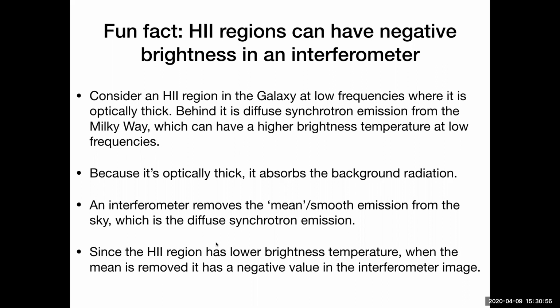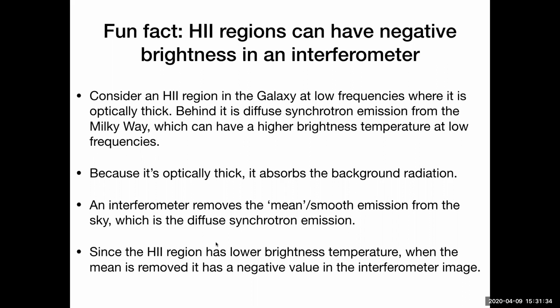And because the HII region has a lower brightness temperature than the mean of the sky in that particular region, it ends up having a negative value as measured by the interferometer. Because the interferometer is missing the mean, you can think of the mean as being dominated by this large component. When you subtract it off, the large component was slightly above the mean, and the little HII region was considerably below the mean. So it becomes effectively a negative hole in your image.